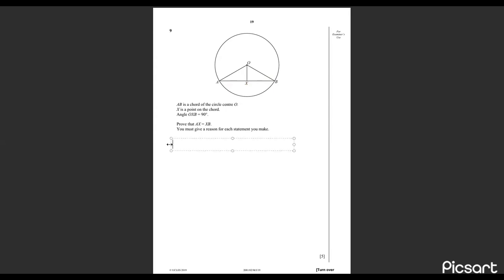We already have OA and OB, our radii, which are equal. That's part one.